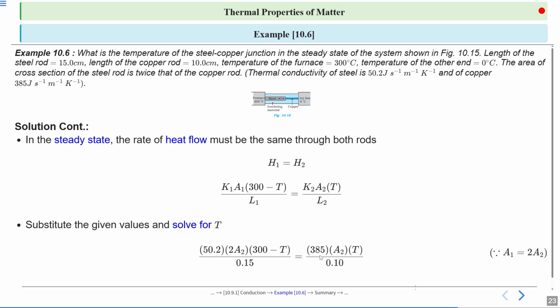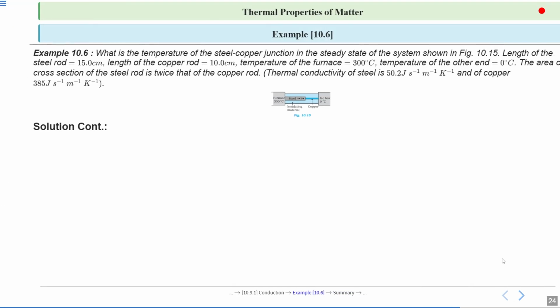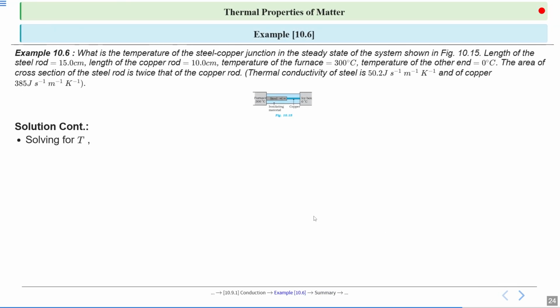Now solving this equation, we know A1 is equal to 2 times A2. Solving for T, it will be 100.4 divided by 0.15 into 300 minus T is equal to 385 divided by 0.10 into T. Solving this, you will get 669.33 into 300 minus T is equal to 3850 into T.